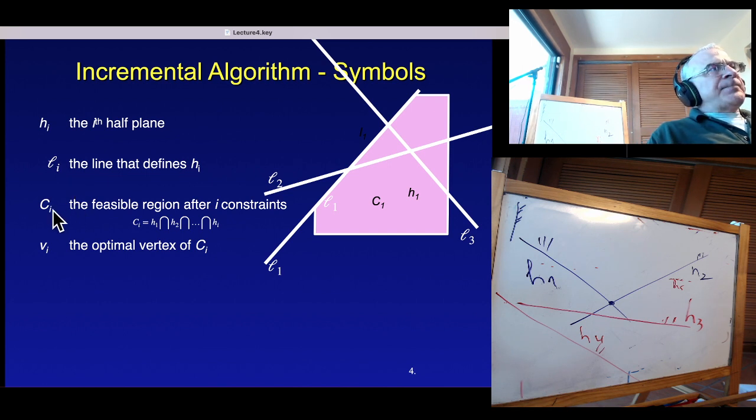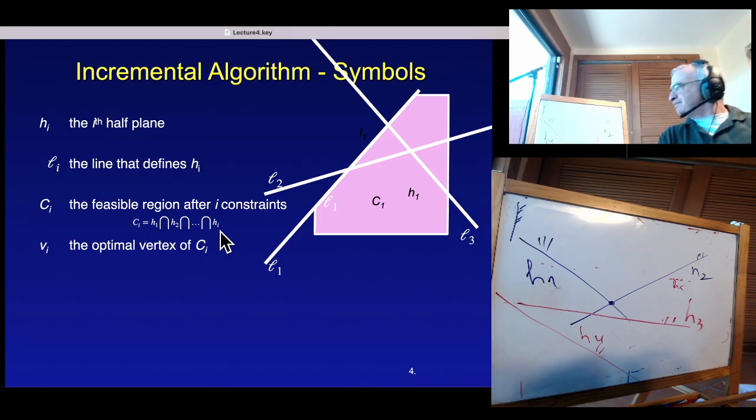Ci is the feasible region at the ith step, that is after I inserted the first i half planes. So Ci is, sorry for the font, H1 intersected with H2 intersected with all the way up to, and I stop at Hi.